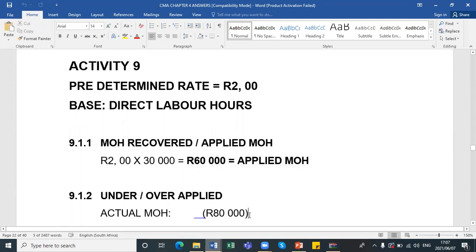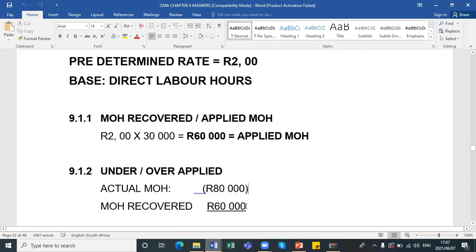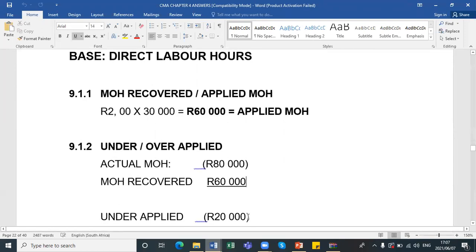So there's our actual overheads, which must always be in brackets, and there's our overhead recovered or applied overheads. So as you can see, my answer in brackets is 80,000, and my amount not in brackets is 60,000. Therefore, my answer will be in brackets. And once it's in brackets, it's called under applied.